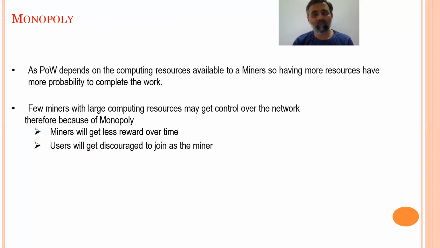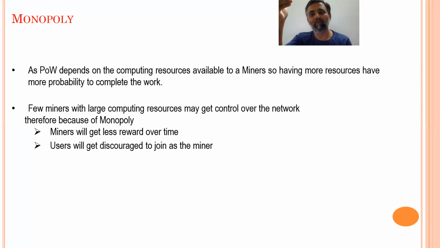Next issue we have is monopoly. In the proof of work mechanism, the miner needs lots of computational power, and only those miners will be able to submit the block in the blockchain. They will be the winners of the challenge, and for that a lot of computational power is needed.